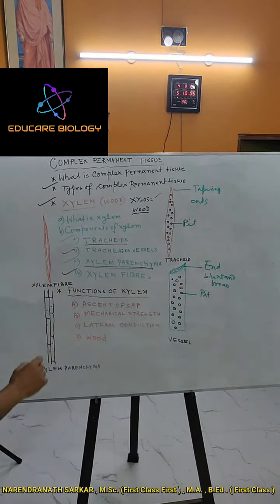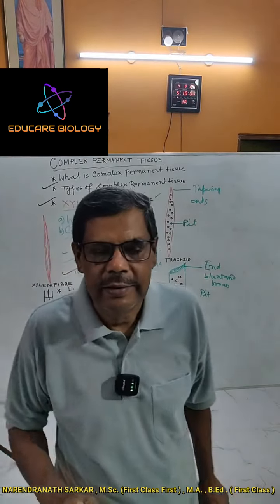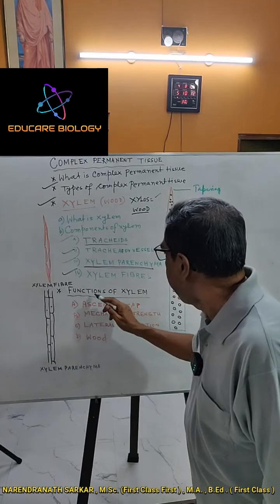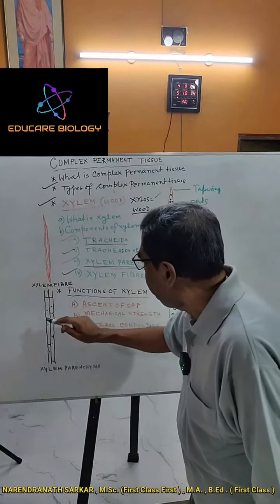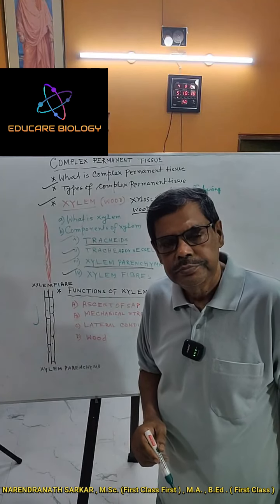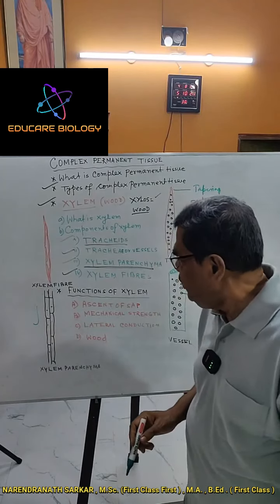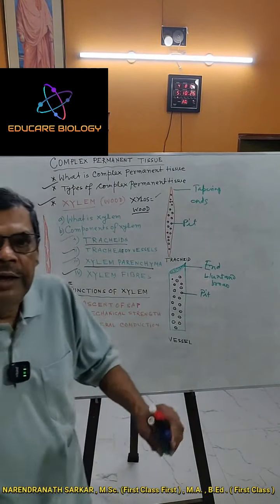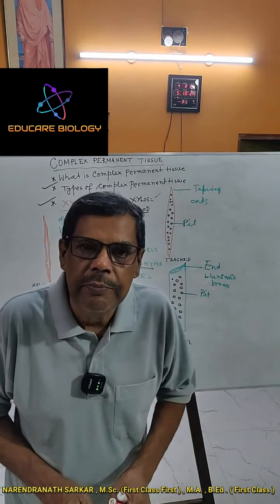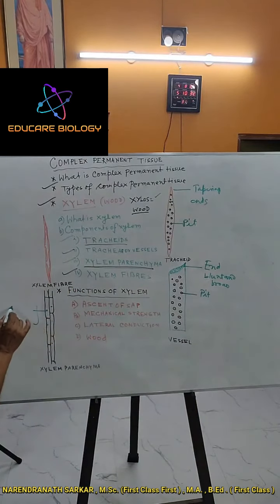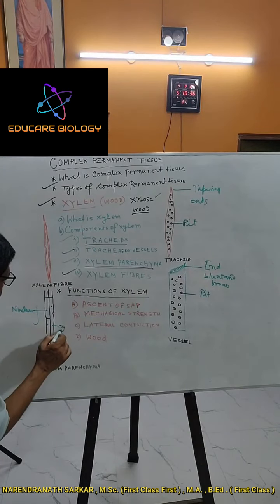Next, xylem parenchyma. This is the only living cell in xylem. These are somewhat elongated parenchyma cells which are associated with the xylem. Nucleus and cytoplasm are present.